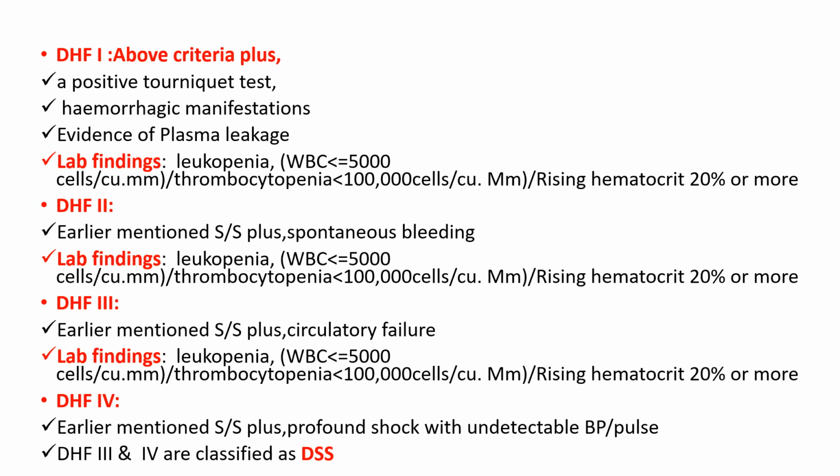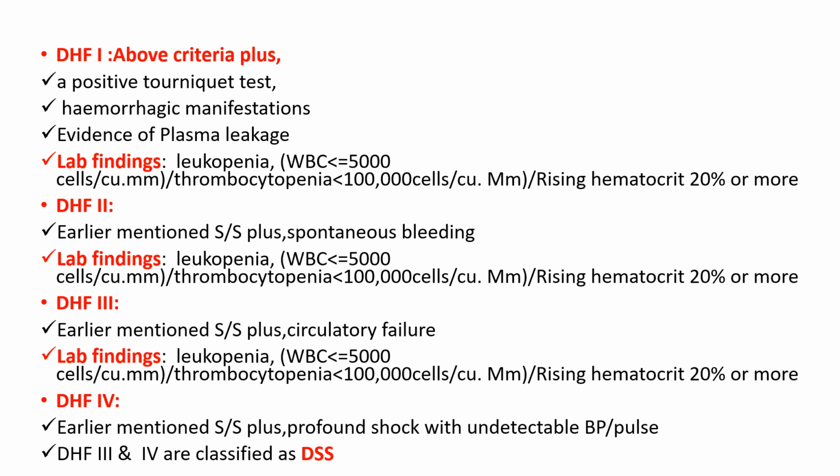So let's see what are the criteria based on which your diagnosis may differ. If, over and above the criteria mentioned in this particular card, there is a mention of a positive tourniquet test, a hemorrhagic manifestation, evidence of plasma leakage, along with lab findings of leukopenia and thrombocytopenia of less than 1 lakh cells per cubic millimeter, with rising hematocrit of 20% or more, then you have to classify it as dengue hemorrhagic fever type 1.